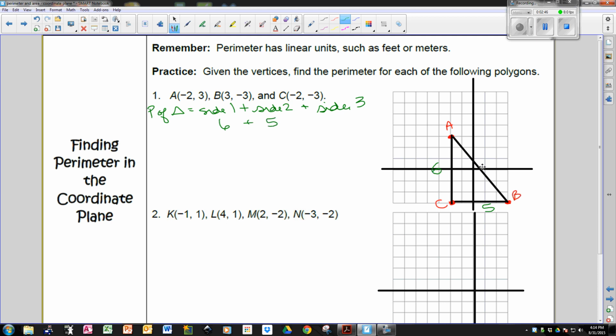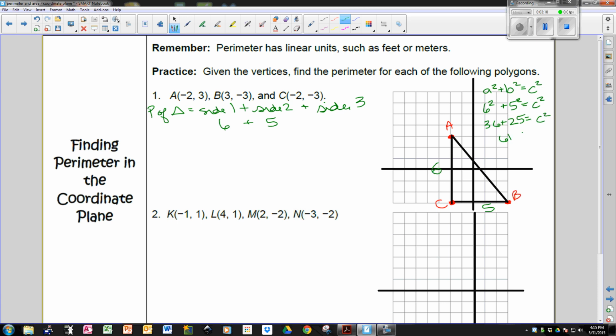Now remember, to find side 3, we can just do the Pythagorean theorem. So if I did a squared plus b squared equals c squared, then that would be 6 squared plus 5 squared. 36 plus 25 would be 61.